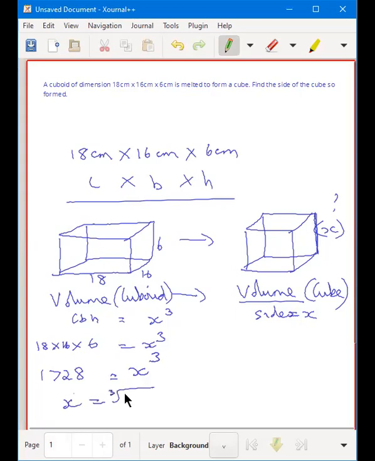The third root of 1728. What is that? 12. Yes. So what is the answer? 12. Okay. Was this a difficult sum? No. Right. So just try to figure out what exactly the question is saying and work further accordingly.